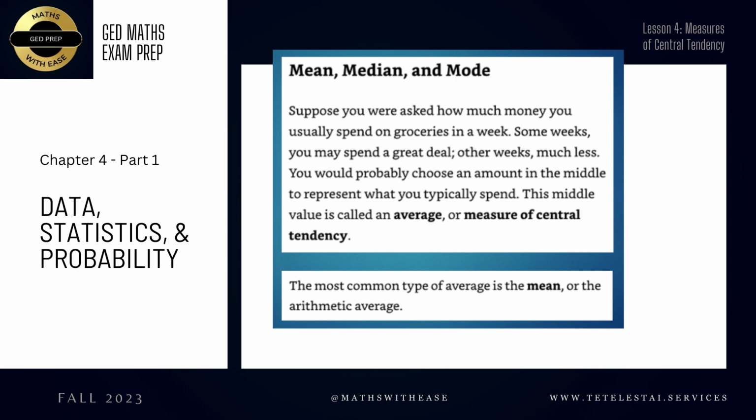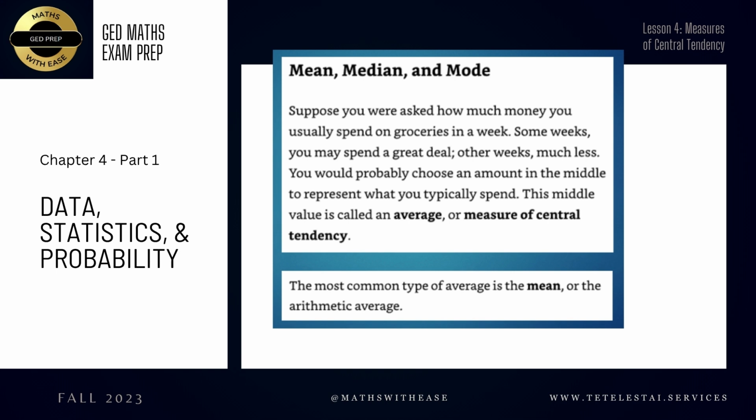Let's say one of your friends is asking you how much you spend on groceries every week. And in your head, it changes from week to week. But to give your friend an accurate answer, you would choose an amount that's right in between what you spend to represent the average value.